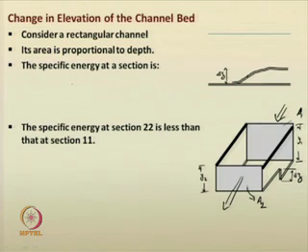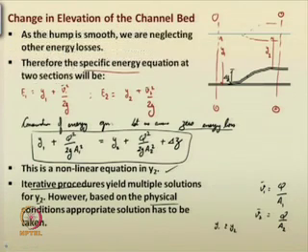What is the specific energy at any section? At any section, the specific energy E is given by the depth of flow plus a quantity, which earlier we have seen as V 1 square by 2 g.